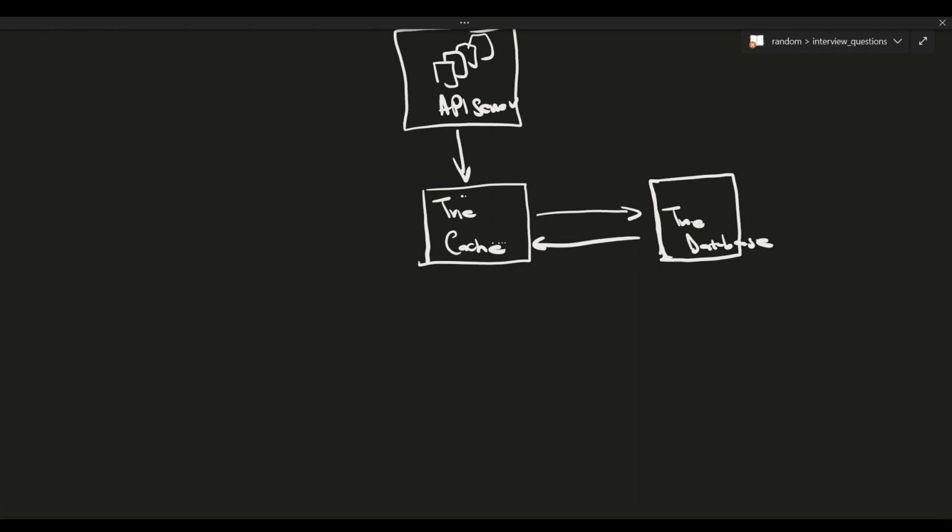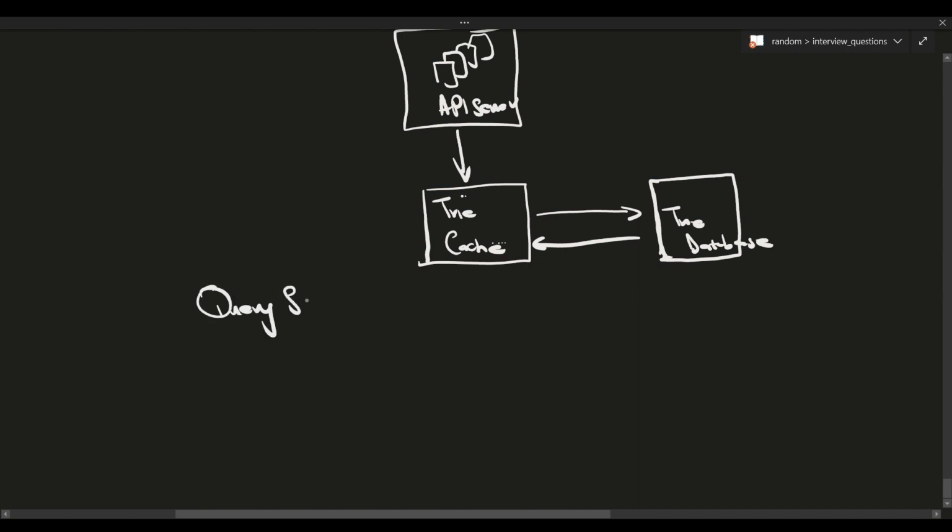Anyway, like I said, we need to make this way too fast. So the query service has to be fast. What are some of the optimizations that we can do to make this query service fast? One way is that we can have Ajax requests.